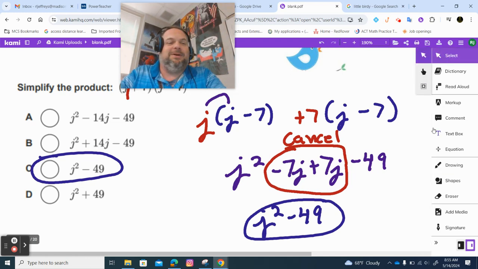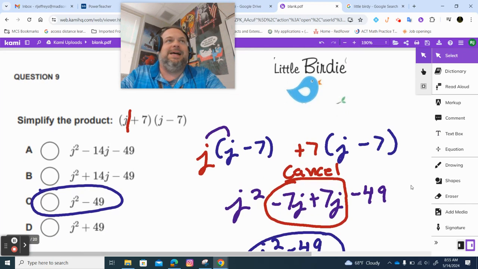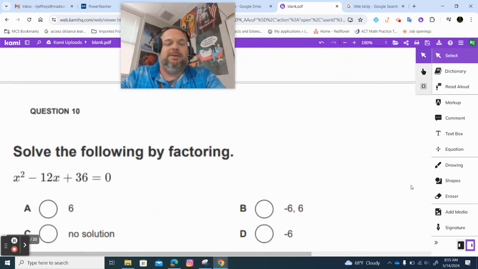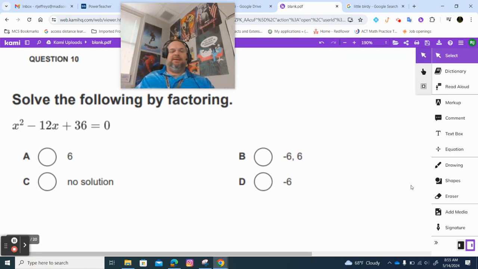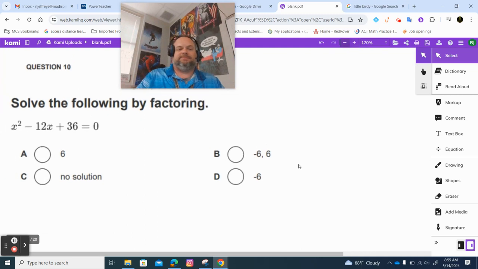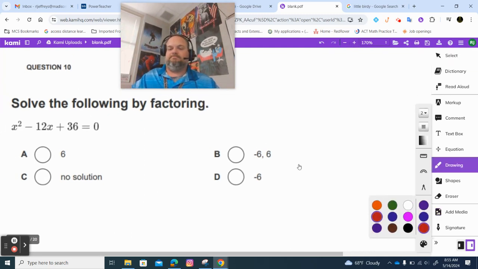All right, are we good? Let's see. This is 9. Are we good with 9? Going once, going twice, moving on. All right, 10. This was actually a factoring test.